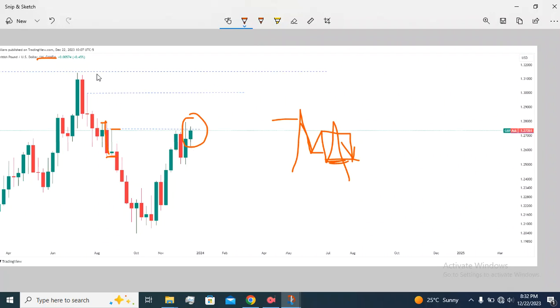But as you can see, this market is bullish. How do you confirm that? We see we are moving uptrend, a bigger displacement on the daily time frame, which left an FVG right here.